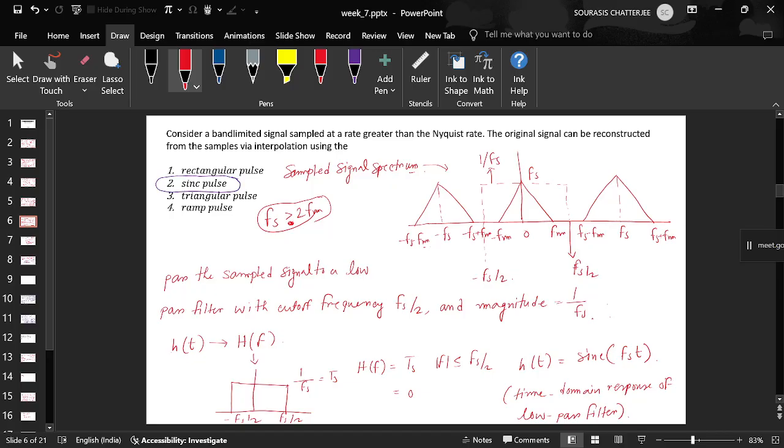So we are passing the sampled signal to a low pass filter with cutoff frequency Fs over 2 and magnitude 1 over Fs. The cutoff frequency Fs over 2 ensures that only the original baseband message spectrum passes through in an undistorted manner, and the magnitude ensures that the scaling factor caused by the sampling is nullified, so you can get the original message spectrum back.